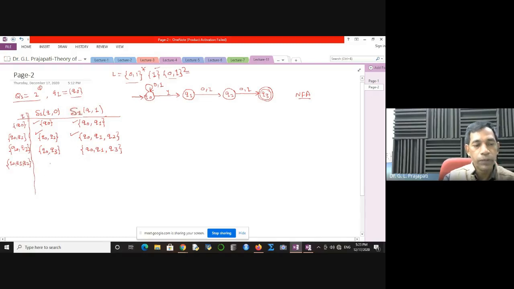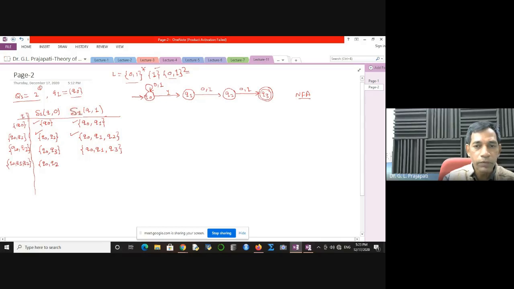If you are at the state Q0 and your input is 0, your machine goes to Q0. If you are at Q1, input is 0, your machine goes to the state Q2.